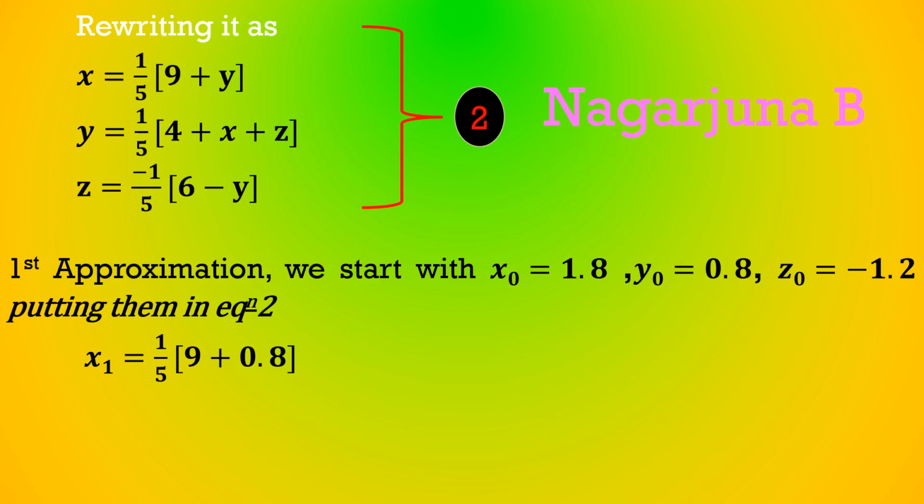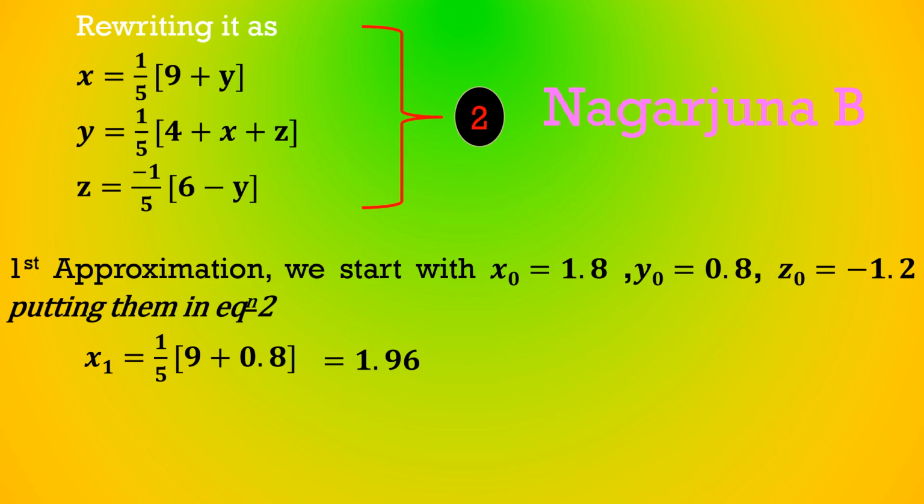Or else you can also write, open the bracket, 9 plus 0.8, close the bracket, divided by, open the bracket, 1 divided by 5, close the bracket. It will give the answer, and that answer is 1.96.